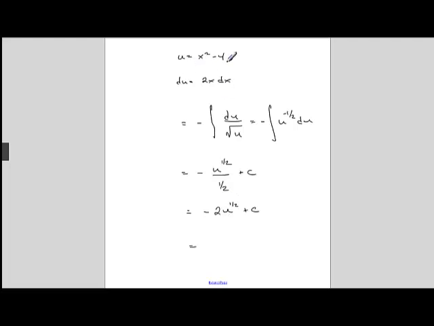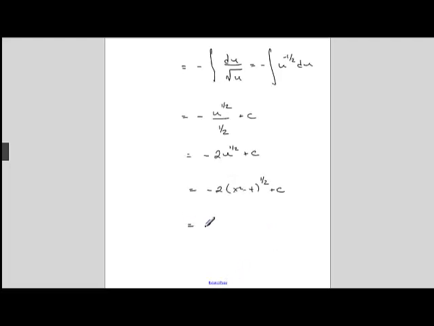We use u as x squared minus 4, so we get negative 2 times (x squared minus 4) to the 1/2 power plus our arbitrary constant c. And finally, we can rewrite that to the 1/2 power as the square root of x squared minus 4. And that is our solution to the problem.